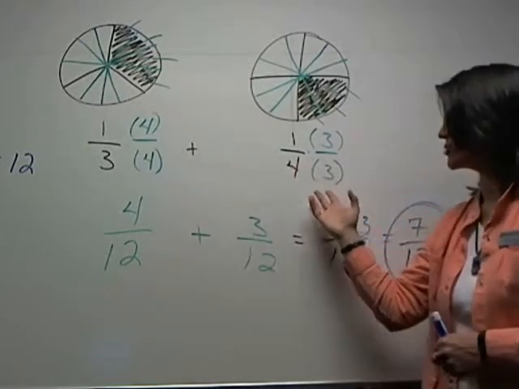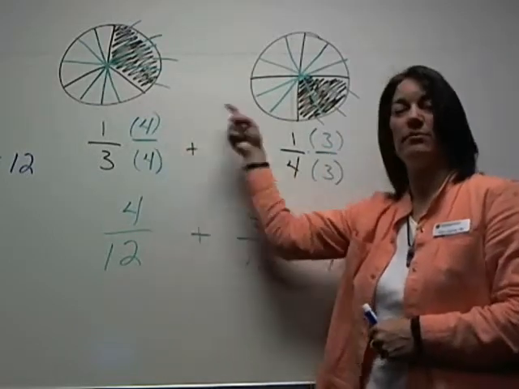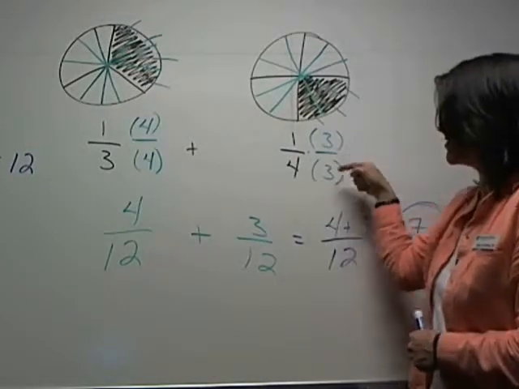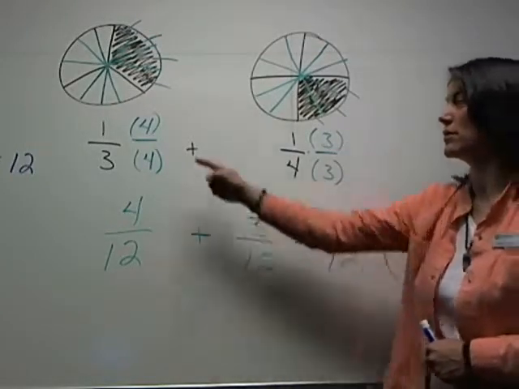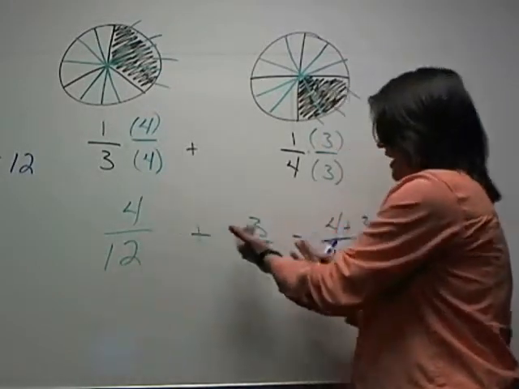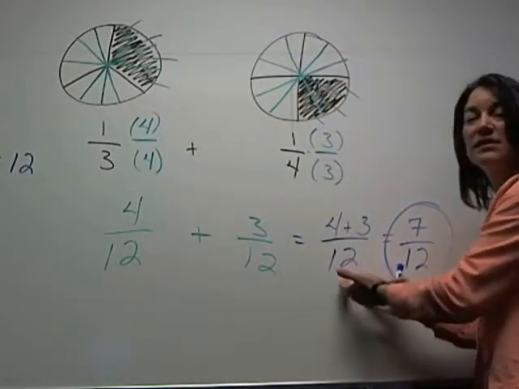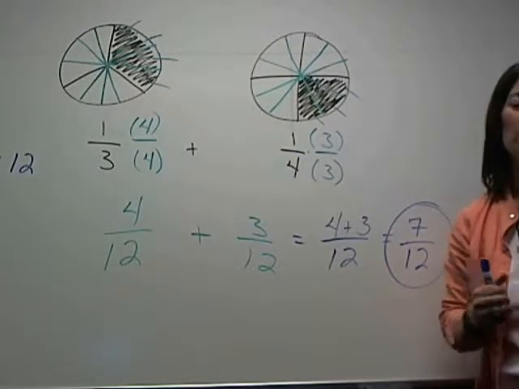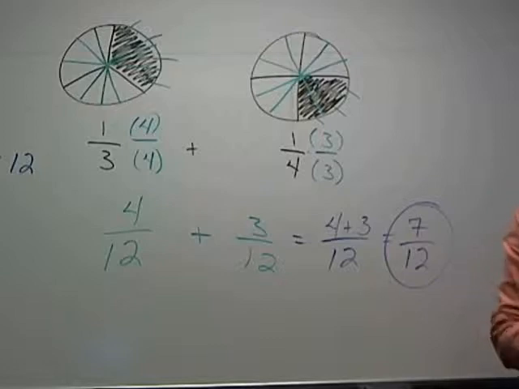We ask the same question over here. Notice that we multiplied top and bottom by different numbers, but the top and the bottom would be the same here and the same here. Once we have the common denominator, we just add the top numbers and keep the denominator the same. That is how we add or subtract fractions.